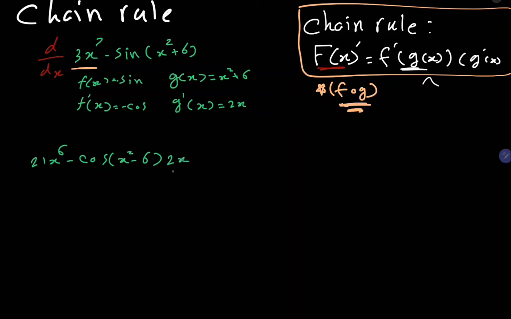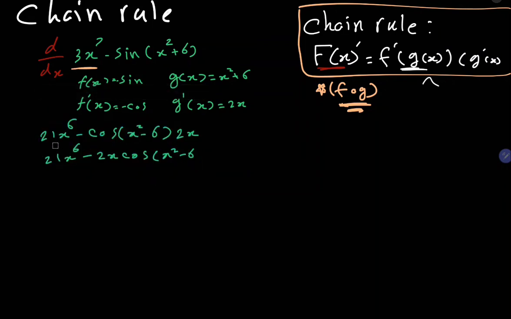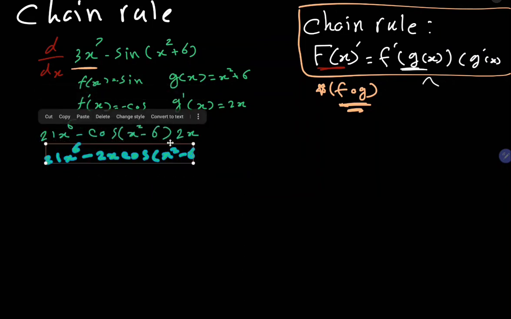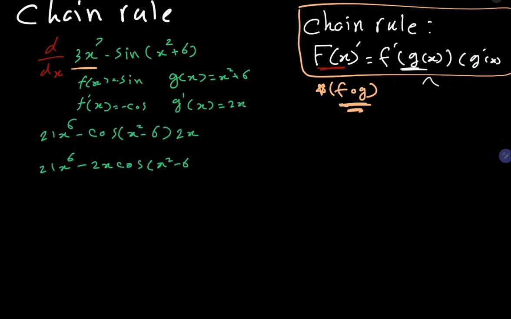We can take the 2x to the front, so it's going to be 21x to the power of 6 minus 2x cosine of x squared plus 6, and this is the final solution.